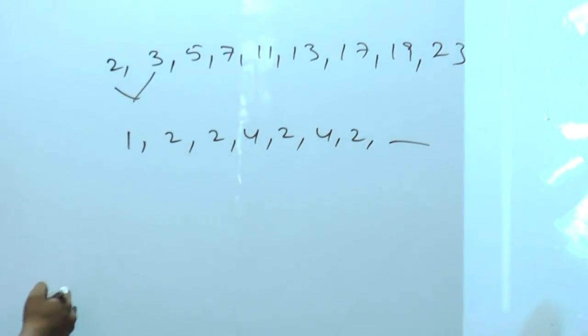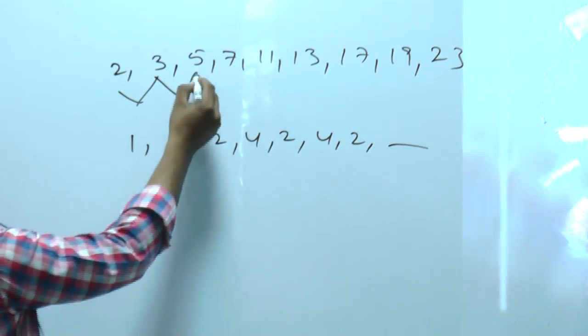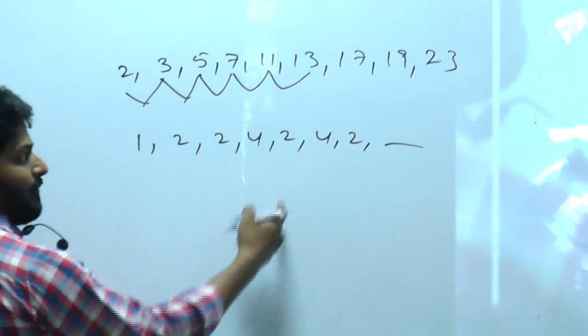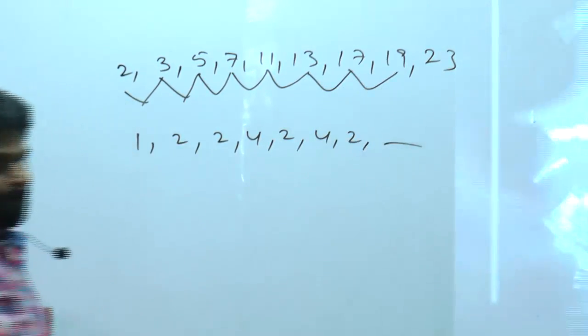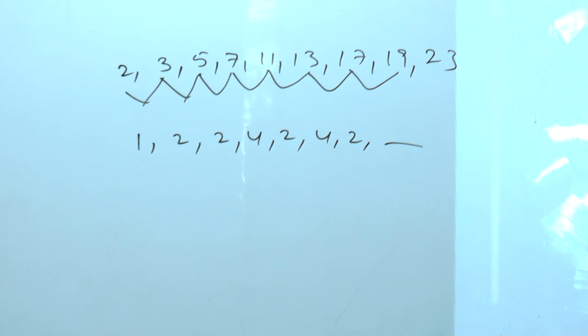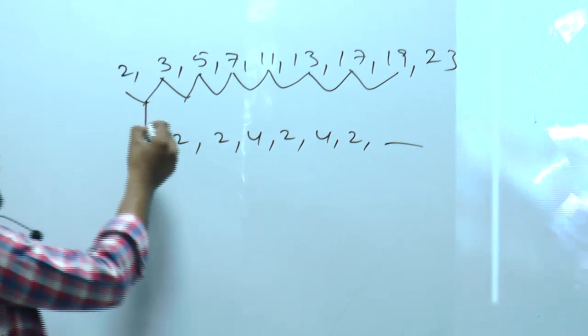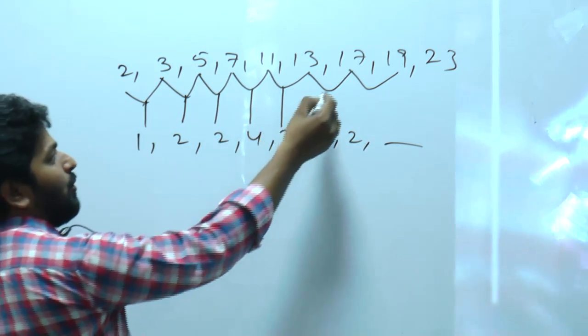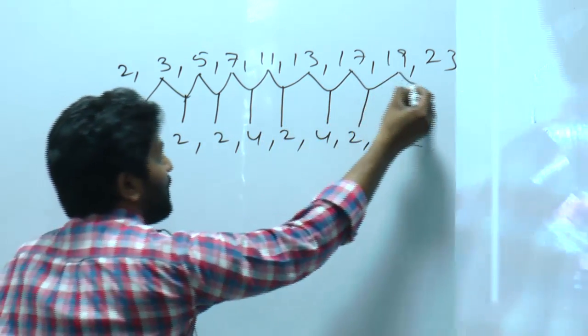The difference of these two numbers? Next. This is 1, 2, 2, 4, 2, 4, 2, difference 4.